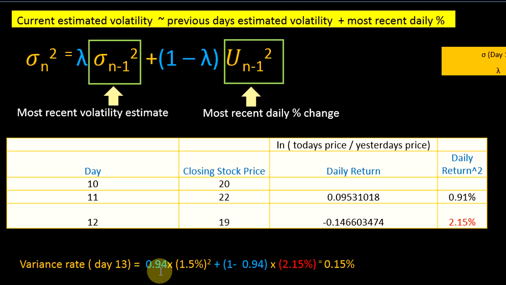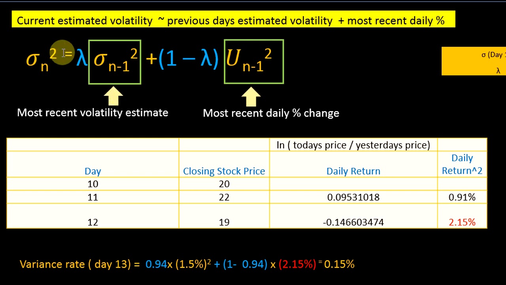You don't have to use 0.94 all the time, you can use any other value, but 0.94 has been tested by experts across various asset classes, and it has been agreed that it gives a more realistic estimate that is much closer to the actual market volatility. So that's the value we are using here.